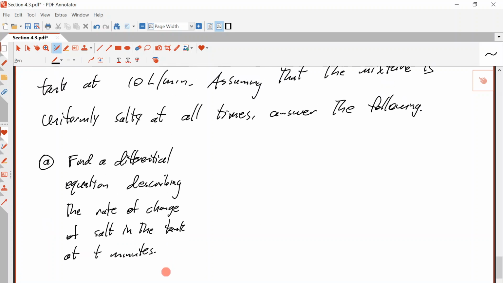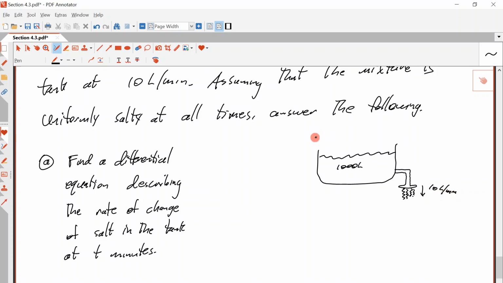Okay, so let's analyze what's going on here. So we've got this tank that's got 1,000 liters of liquid. And the liquid is coming out of the tank at a rate of 10 liters a minute.